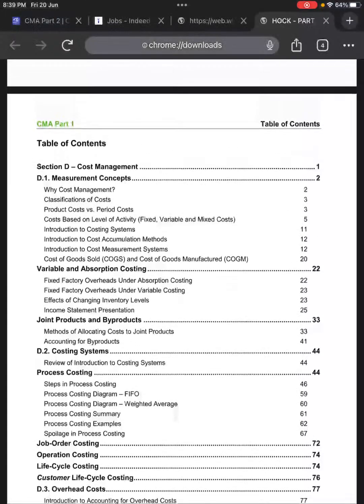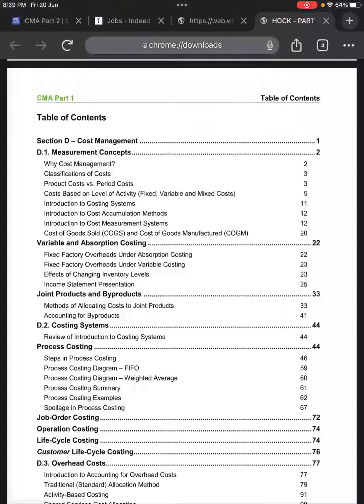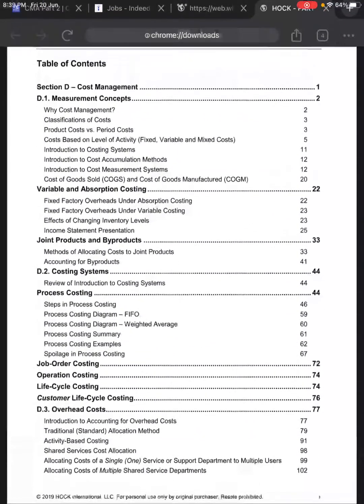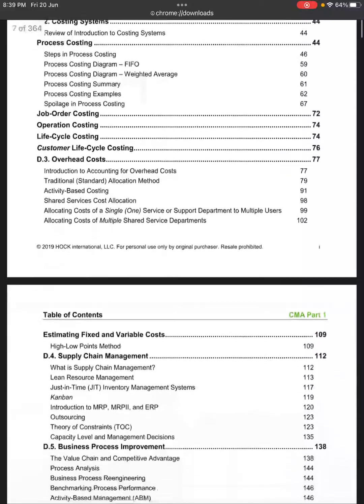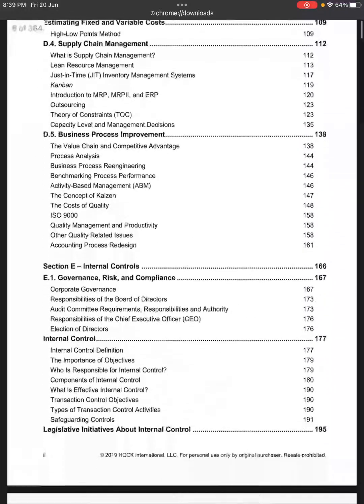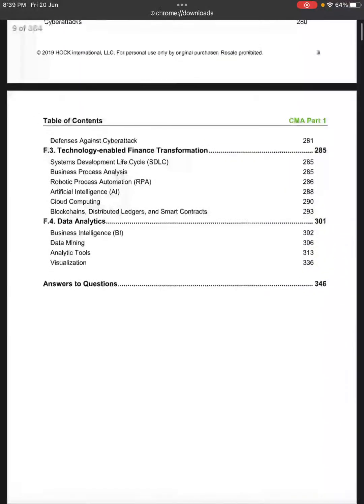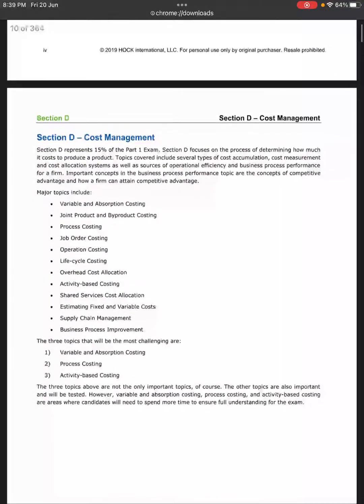Okay, now we will discuss unit 1 section D, and why cost management is required. Simple, I will just show it in this book, and it will be more helpful for you than me saying something myself.